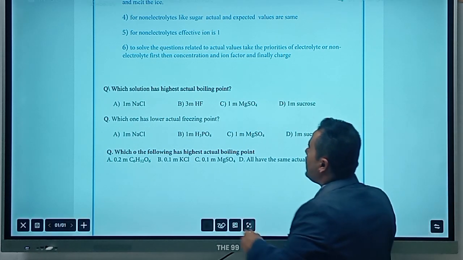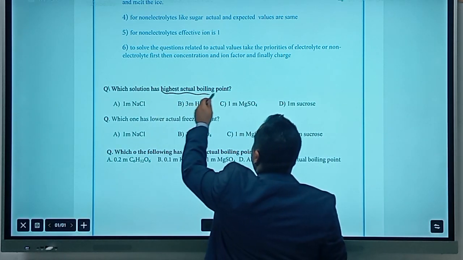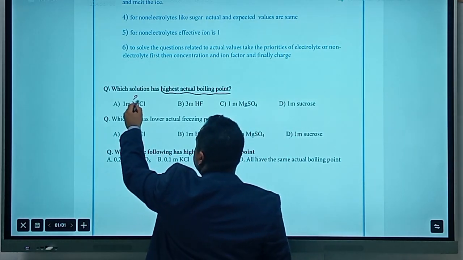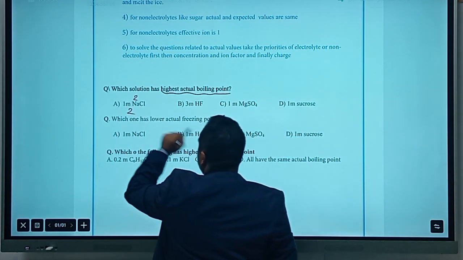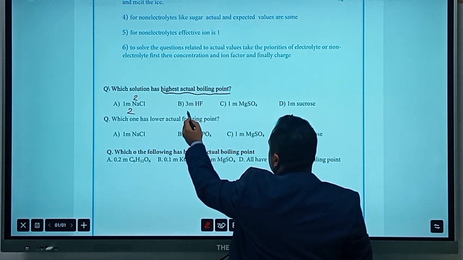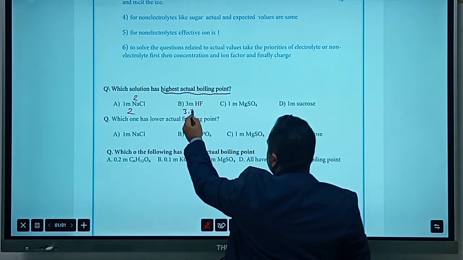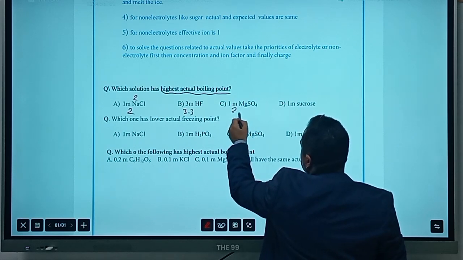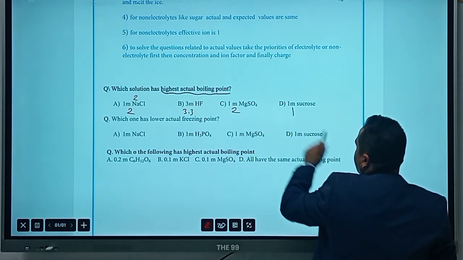Which of them has the highest actual boiling point? Guys, this is 2 multiplied by 1, which is 2. The multiplication of ion factor and molality. 1.1 multiplied by 3 is 3.3. This is 2 multiplied by 1, which is 2, and this is 1.